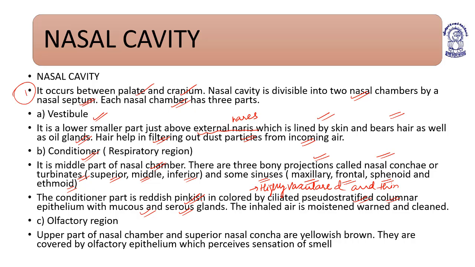The inhaled air is moistened, warmed, and cleaned because of this epithelium and the hairs present in the vestibular region. Then comes the olfactory region.